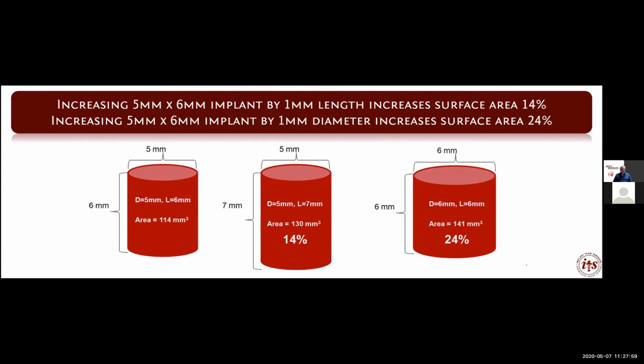If we keep the diameter of the implant the same and increase the length by 1 millimeter, there's a 14% increase in surface area. Keeping the length the same and increasing the width by 1 millimeter provides a 24% increase in surface area. So width is important for long-term success and retention of bone support.